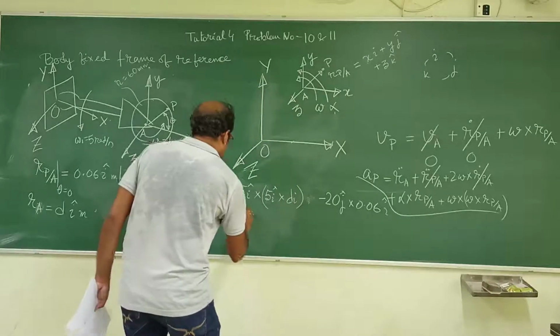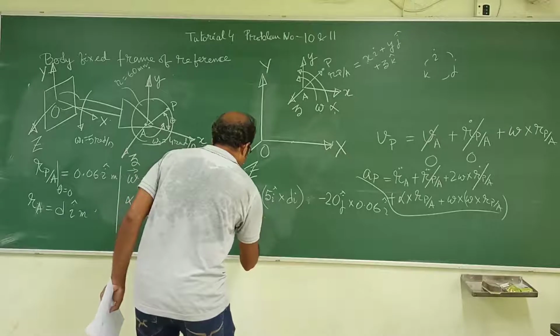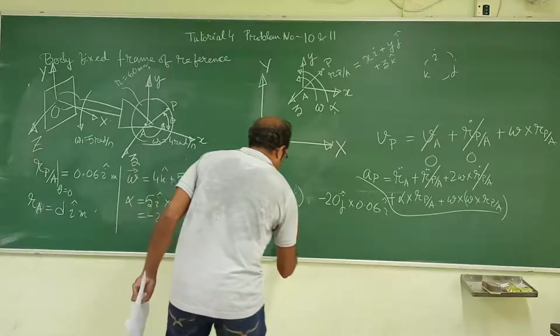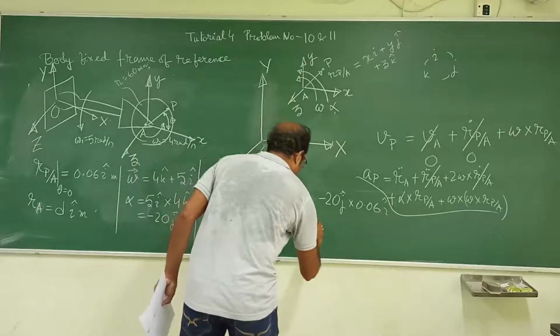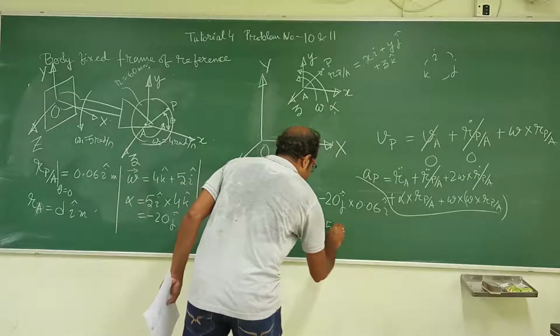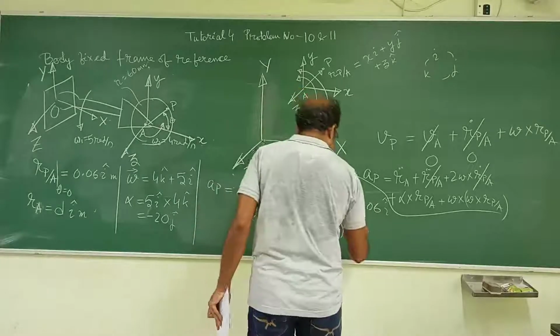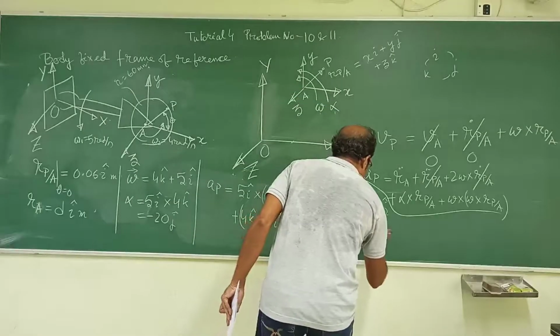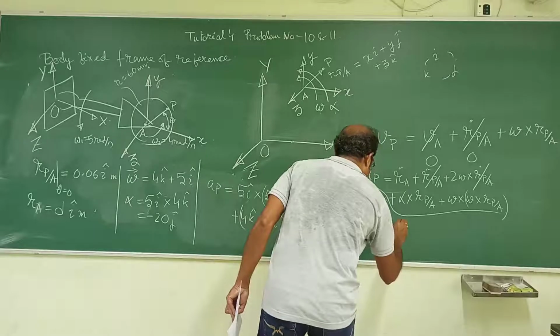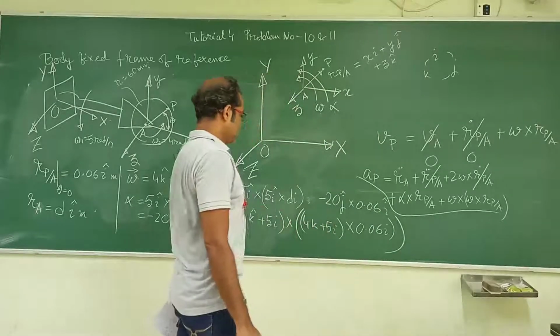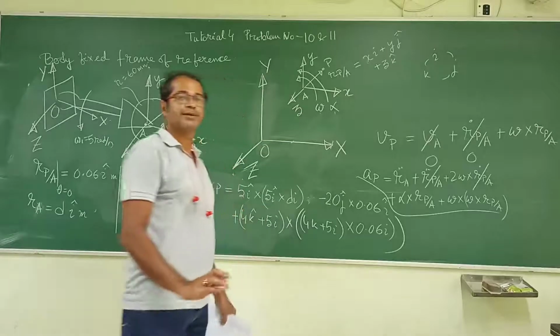Next is 4K plus 5I cross 4K plus 5I cross 0.06 I. Done.